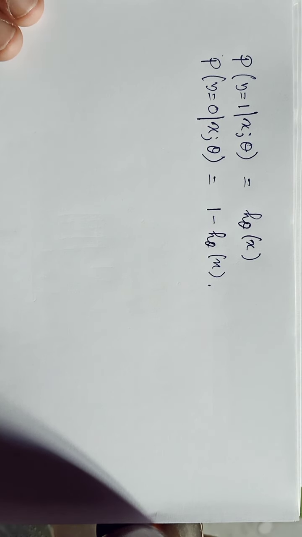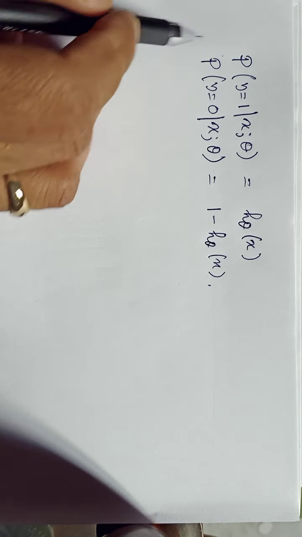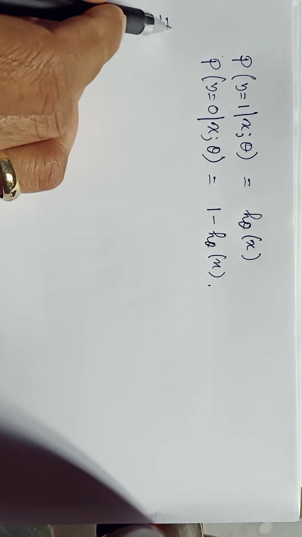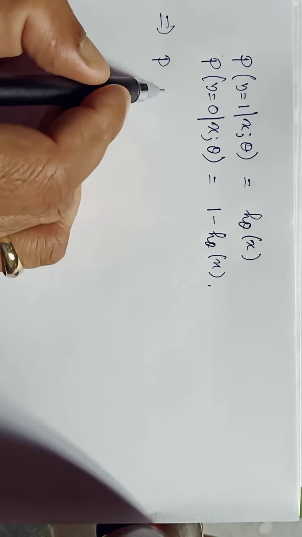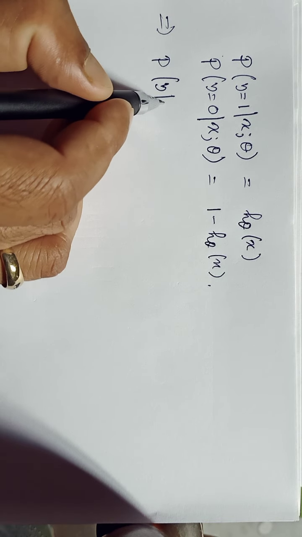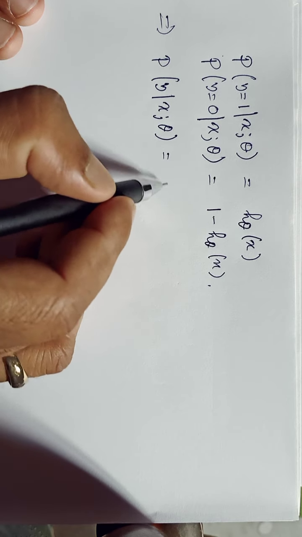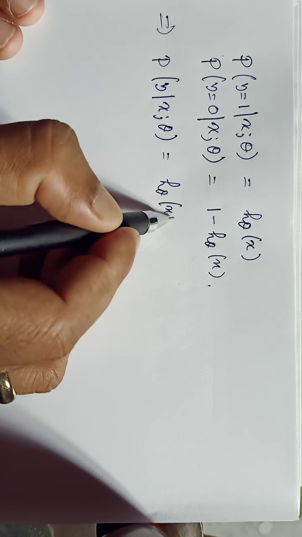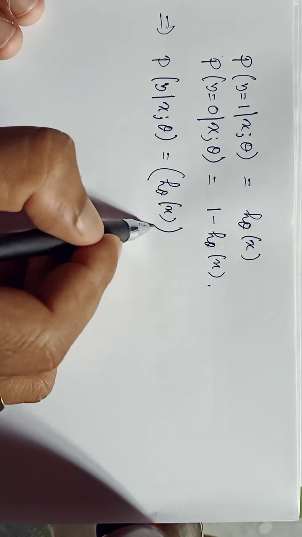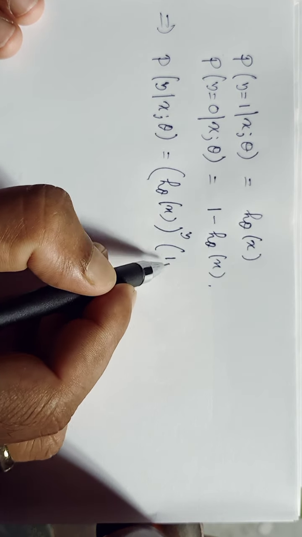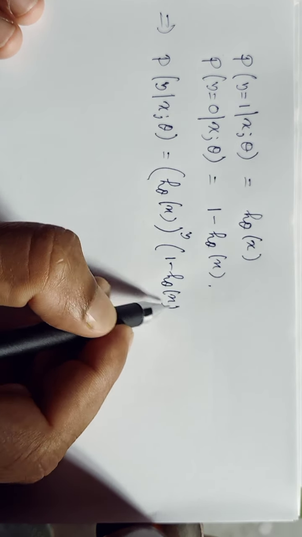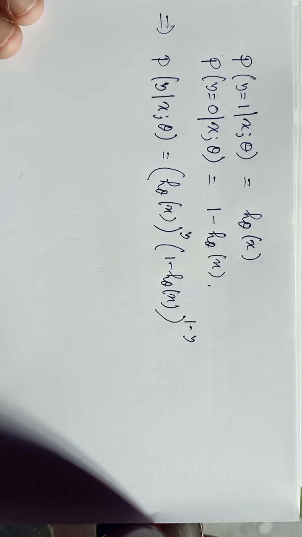Okay, so now we can generalize the probability function as the probability of y for a given x parameterized on theta is equal to h theta x to the power y into 1 minus h theta x to the power 1 minus y.